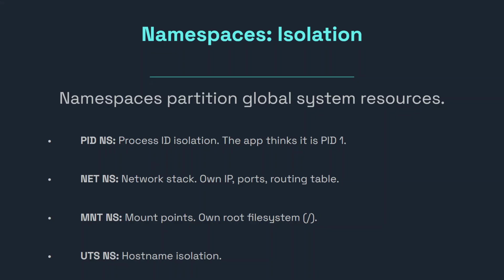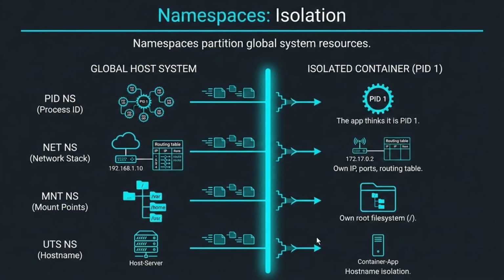Network namespace, which provides an isolated network stack. That means the container has its own IP, ports, and routing table. Mount namespace. This gives the container its own mount points and root file system. And UTS namespace, which isolates the container's host name.